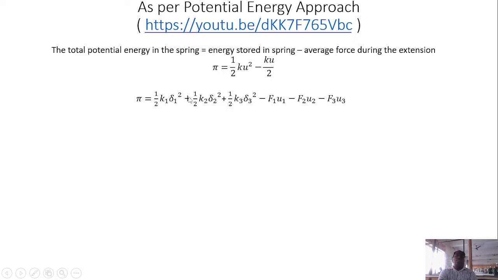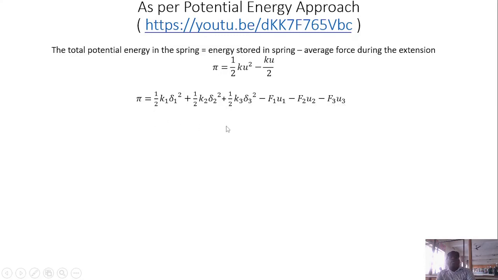The first spring has the force F1 into U1, so I can represent minus F1 into U1 in this total potential energy of spring equation. And then if I move to the second spring, here also 1 by 2 into k2 delta 2 square minus F2 U2. Then the third spring, plus 1 by 2 into k3 delta 3 square minus F3 into U3.